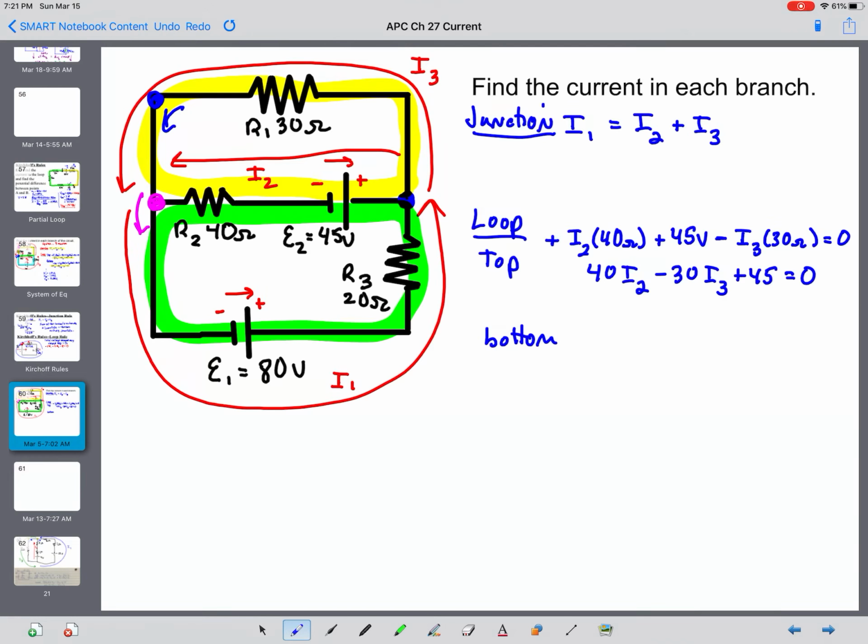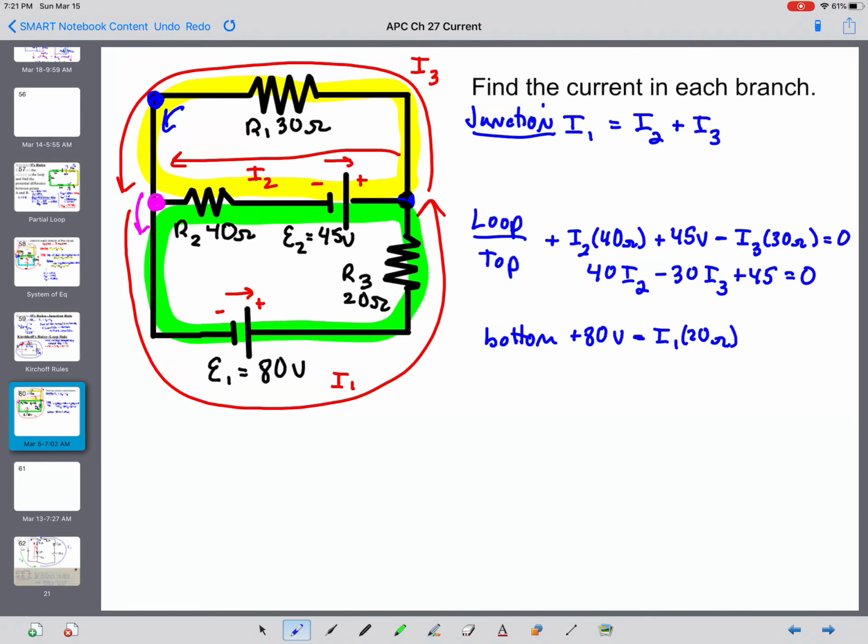First thing I run into is that 80 volt battery, negative terminal to positive terminal, so that would be an increase of 80 volts. And then we continue to the right and up the right side through the 20 ohm resistor. We're in the direction of I1. Current flows from high to low potential, so that would be a decrease of I1 times 20 ohms.